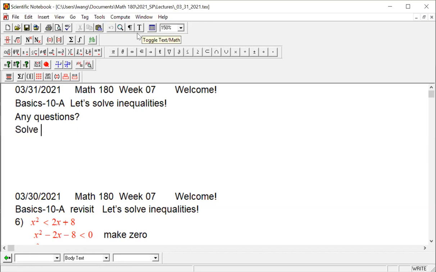I say, solve for x, and the inequality is x squared plus 2x minus 3, and we want it to be larger than 0.